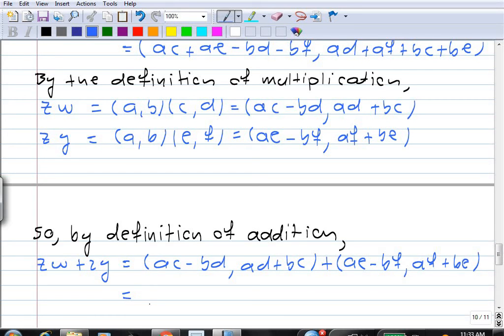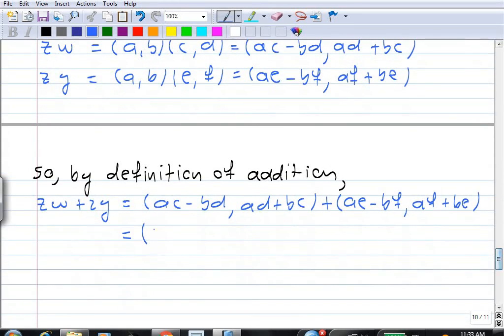We apply the definition of addition. That gives us AC minus BD plus AE minus BF, and the imaginary part is AD plus BC plus AF plus BE.